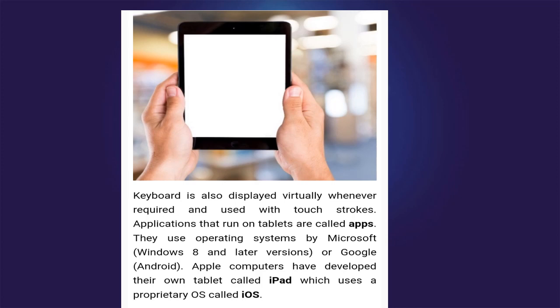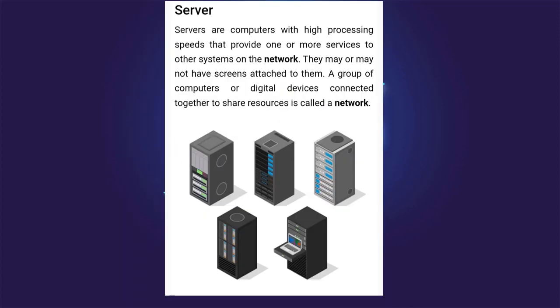And then the server. Servers are computers with high processing speeds that provide one or more services to other systems on the network. They may or may not have screens attached to them. A group of computers or digital devices connected together to share resources is called a network.